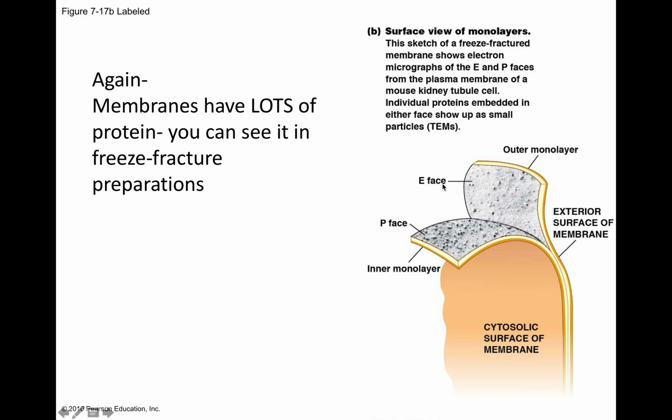And the frozen cell, when it's broken, tends to break down the middle of the bilayer, so the top half of the bilayer versus the bottom half of the bilayer. So these would be phospholipids sticking out. And then you see bumps. Then you would coat the top or the bottom half of this frozen piece with some kind of metal so that you could see it in an electron microscope. And then you see bumps where the proteins were when you froze it.